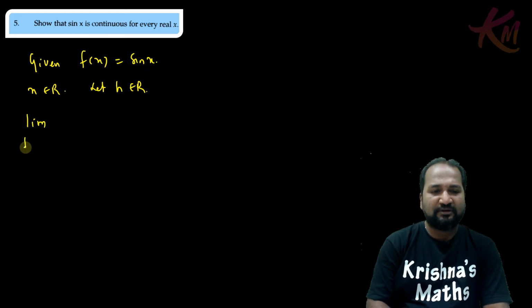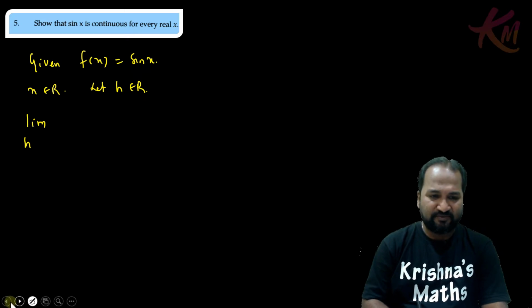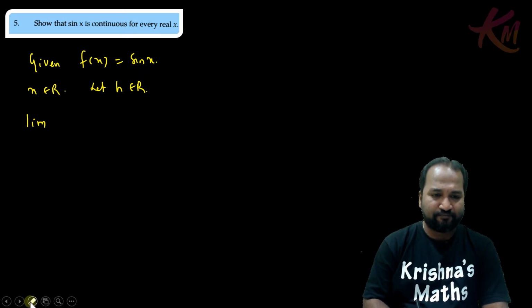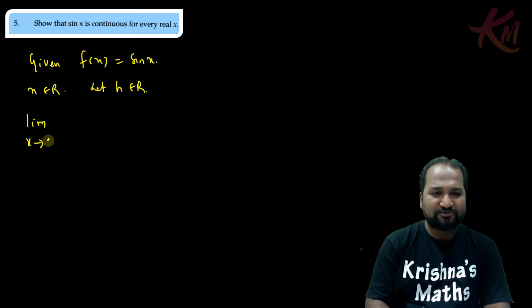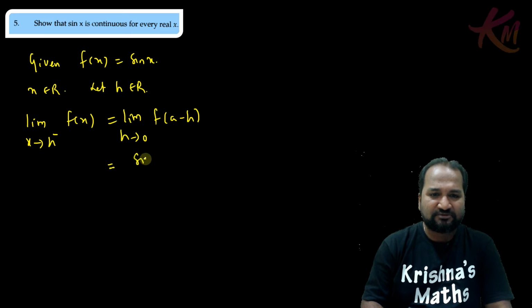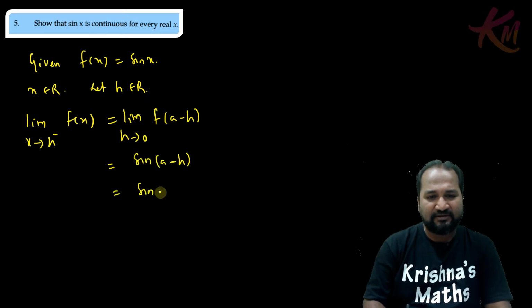So limit x tends to h minus f of x is equal to limit h tends to 0 of f of a minus h. This is equal to sin of a minus h, which is equal to sin a.